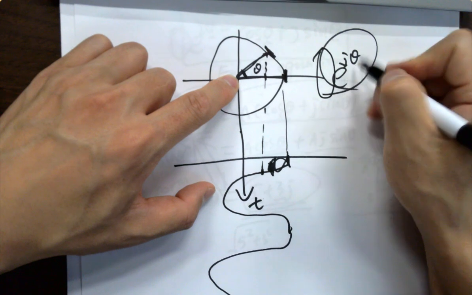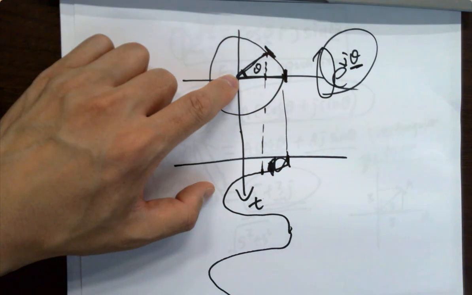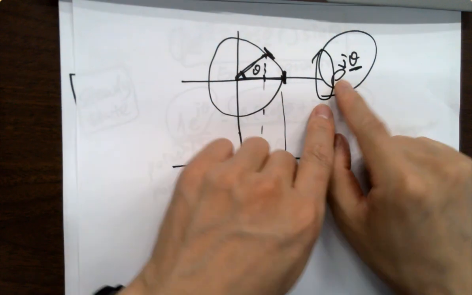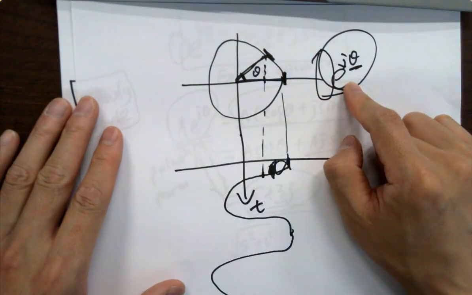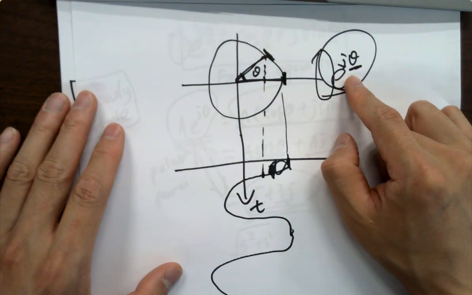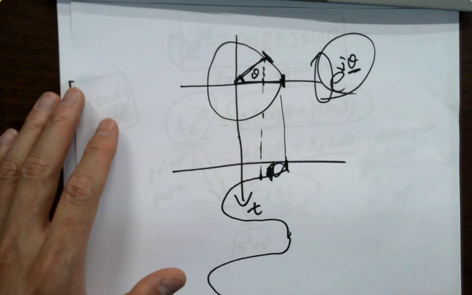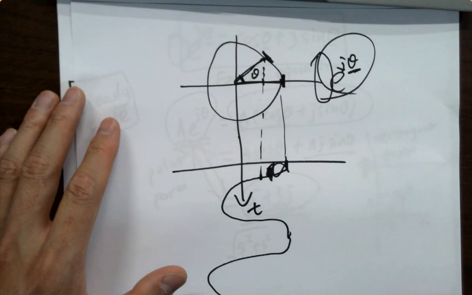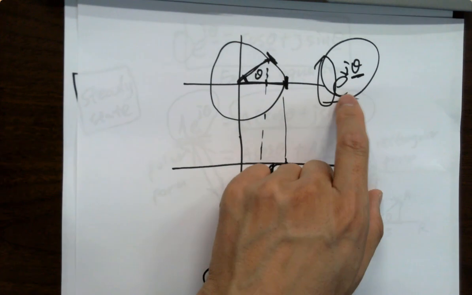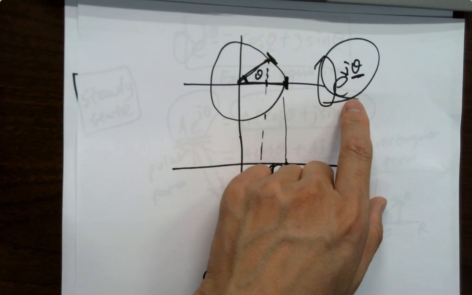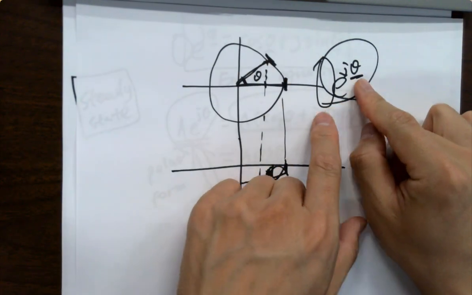What kind of information? What's the information this one carries as a sine wave? Two pieces of information. What are they? Time? No, no time. Phasor, no time. What are they? Amplitude and phase. What's the amplitude?